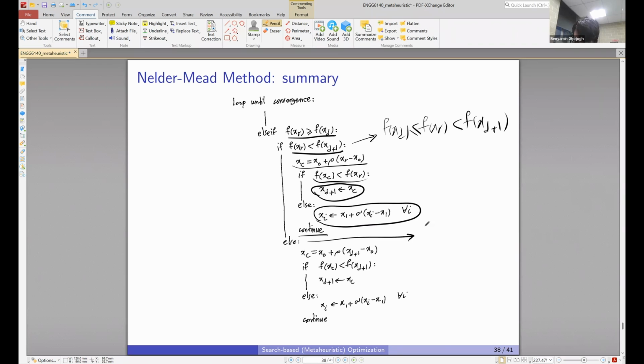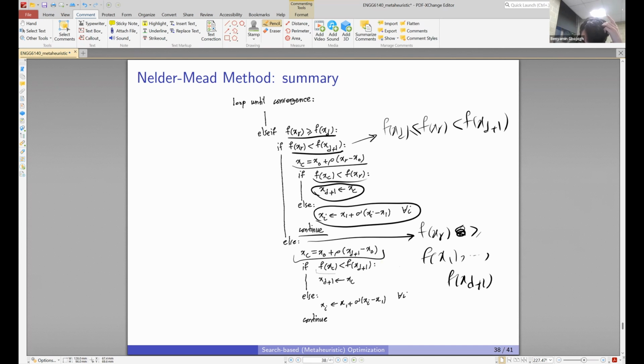Else, this else means that f of xr is worse than all of the points, as we had it here, until f of xd plus 1, all of the corners. If that's the case, then calculate the contracted point inside the simplex, because maybe we want to contract the simplex in the same direction.